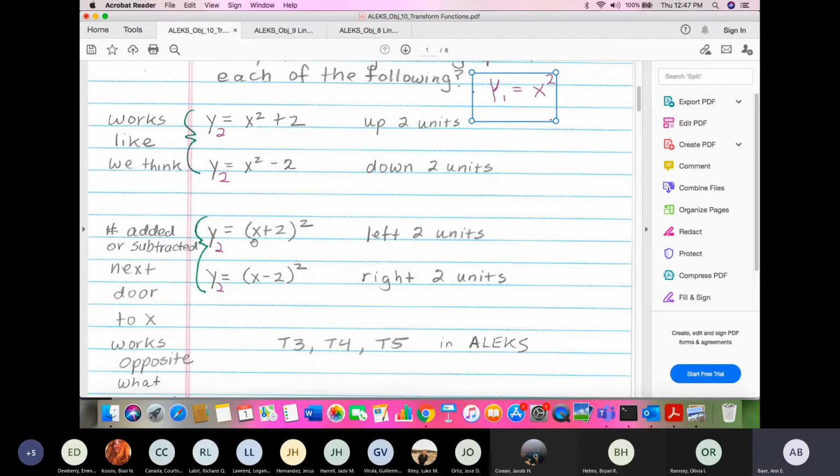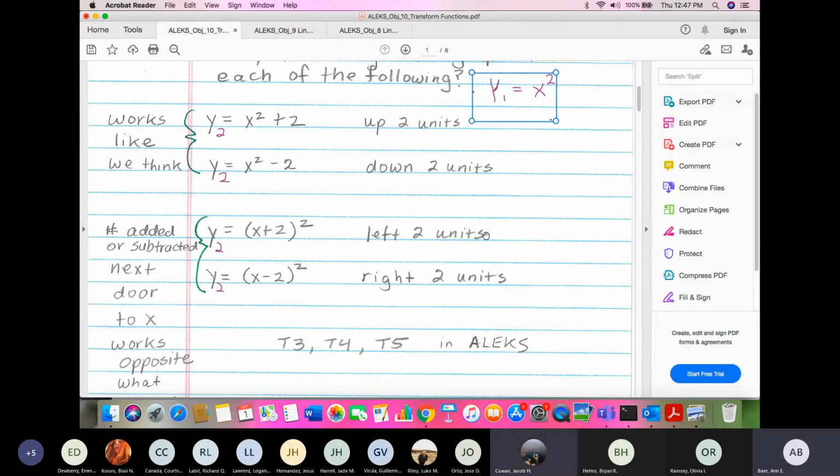Now what happens? What quadratic function moves left 2 units? Yes, it does. It moves left 2 units, so it goes from being at an x coordinate of 0 to an x coordinate of -2.